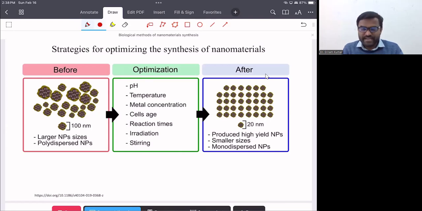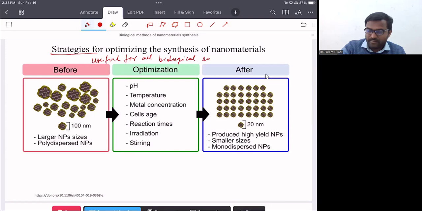Now, let's understand what key parameters we can control to develop nanomaterials using a biological sample or biological system. These parameters are useful and valid for all kinds of biological samples. This strategy is useful for all biological systems, not only for bacteria.